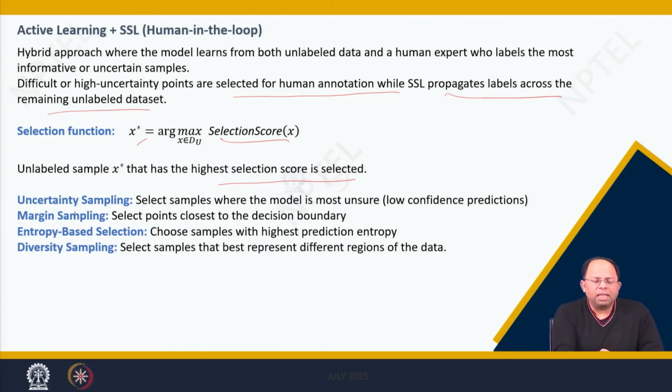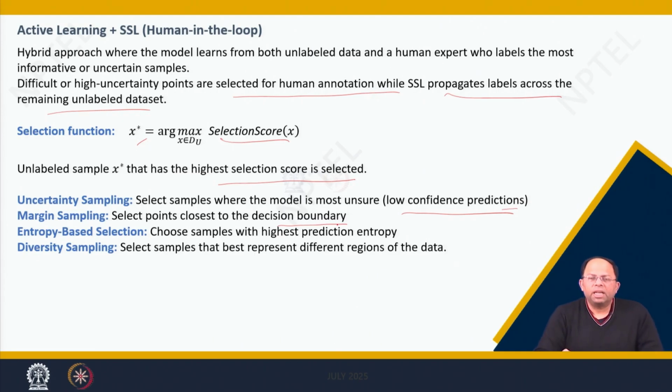There is something called uncertainty sampling. Select samples where the model is most unsure, that is, where there is a low confidence prediction. That could be the way to select a particular sample which I will give to a human annotator. Then margin sampling, select points closest to the decision boundary where we are not sure which side they will fall.